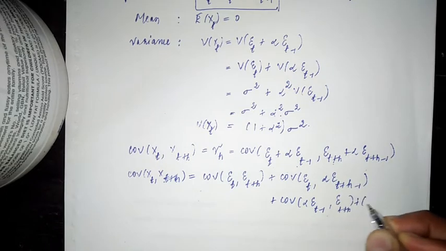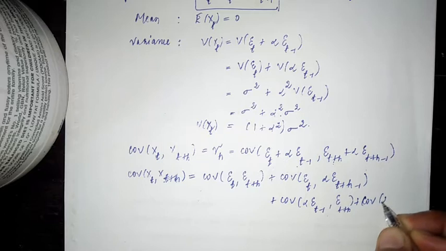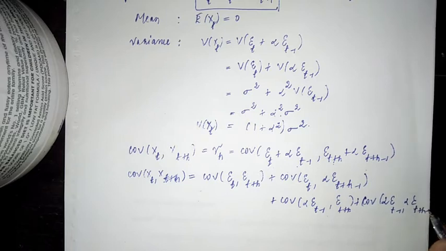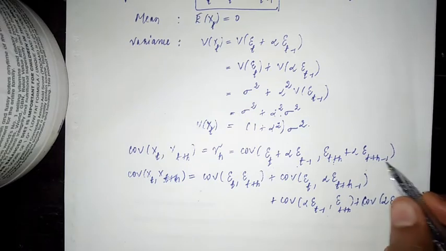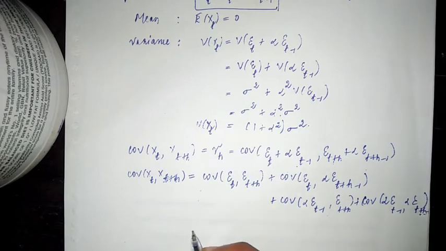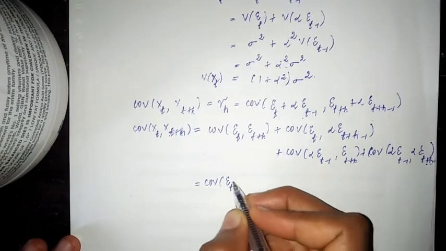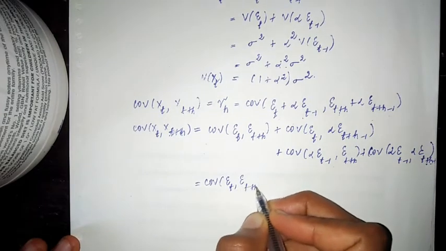The last term is the covariance between alpha epsilon_{t-1} and alpha epsilon_{t+h-1}.